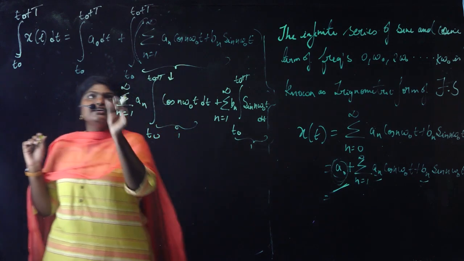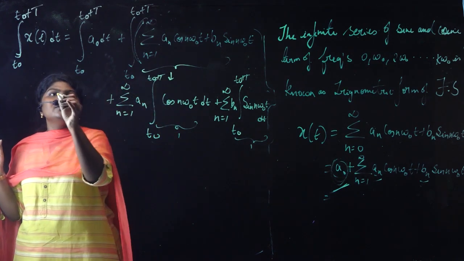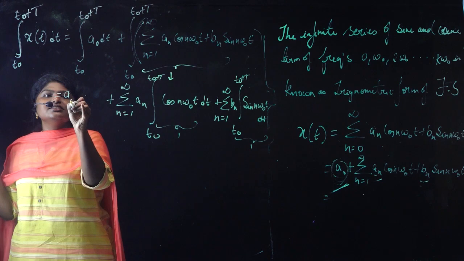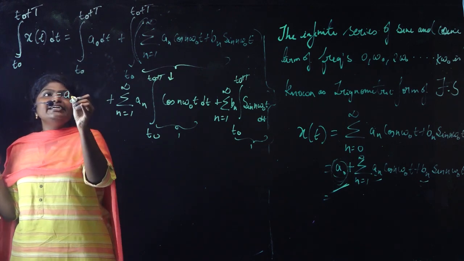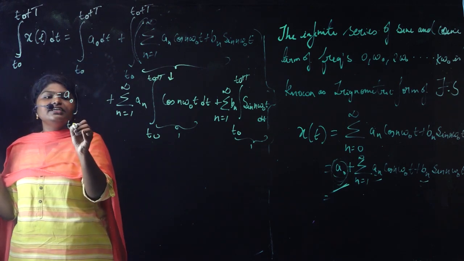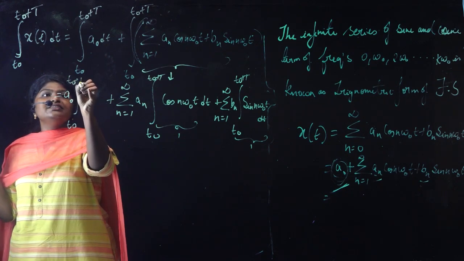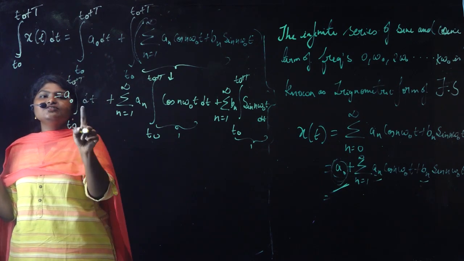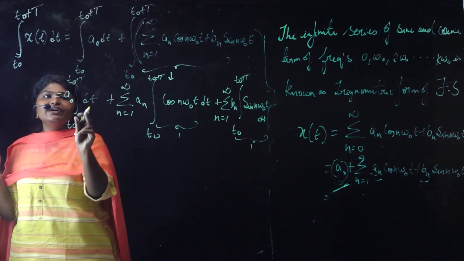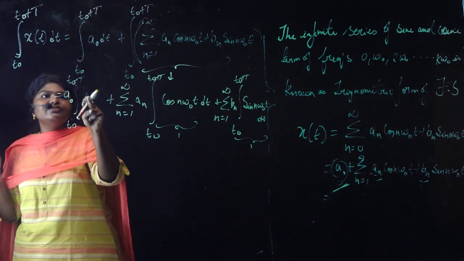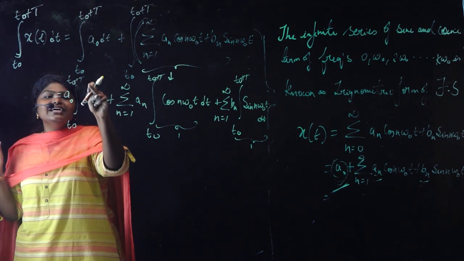Coming to the first part, a₀ is a constant, we'll bring it out, and the integration of dt from t₀ to t₀+T gives t, and in the value of t you substitute t₀+T and t₀.